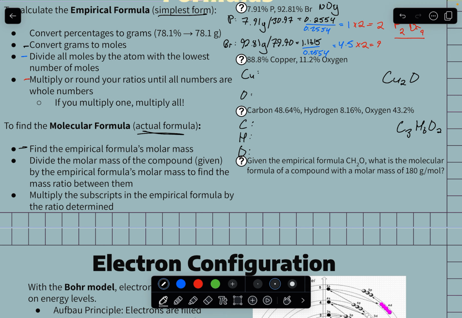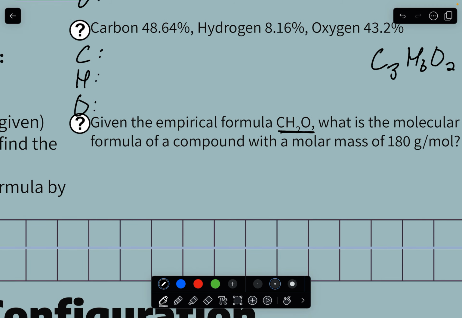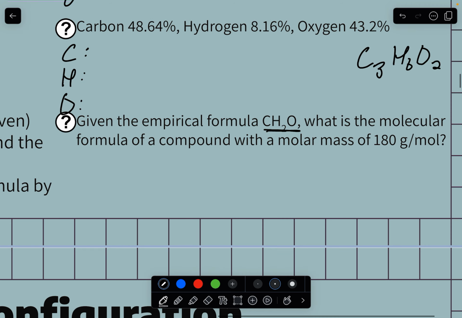Okay, so in this question here, we have our formula of CH2O, and our final compound has a mass of 180. Okay, so first step was find the molar mass of the empirical formula. So for CH2O, 1 carbon, 2 hydrogens, 1 oxygen, right? So that's 12.011 for the carbon, 1.008 times 2, because we have 2 of those for the hydrogen, and then 15.999 for the oxygen. We get a mass here of 30.026.